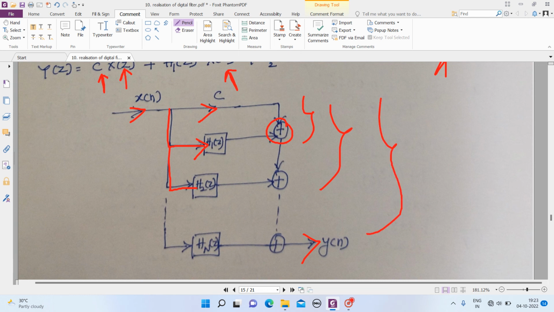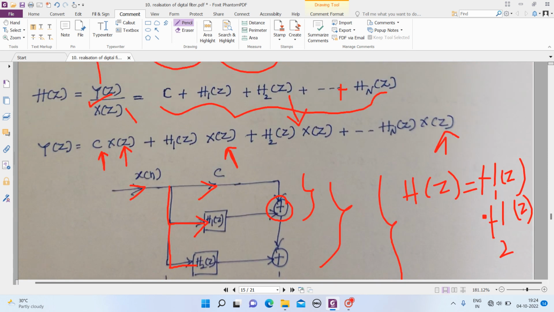In the cascade form we represent the individual transfer functions using a dot, H1 of z dot H2 of z. Keep this in your mind. But in the parallel form structure, we represent the individual transfer functions with a plus symbol.